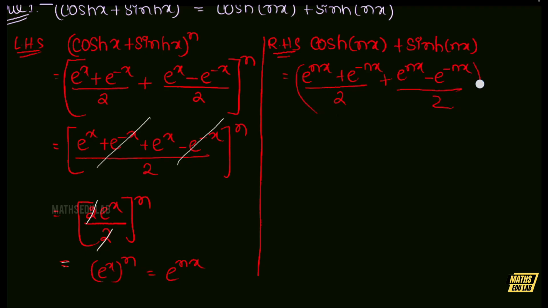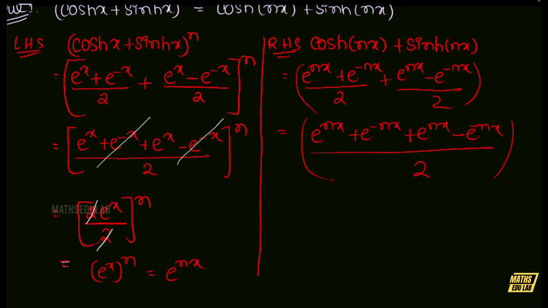Then on solving this, we can write it as (e^(nx) + e^(-nx) + e^(nx) - e^(-nx))/2. So here the positive and negative term values will get cancelled out, and the remaining value will be 2e^(nx)/2.